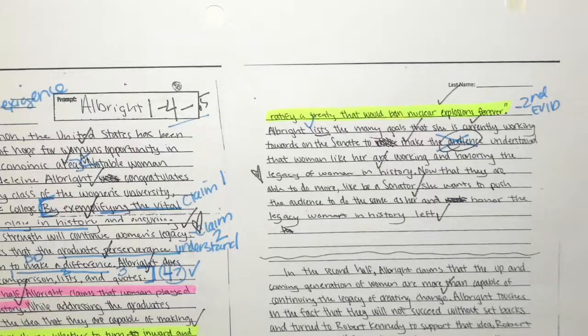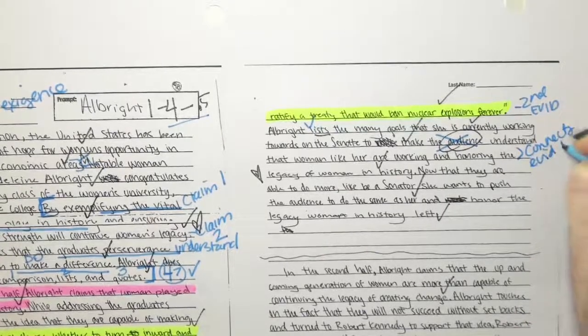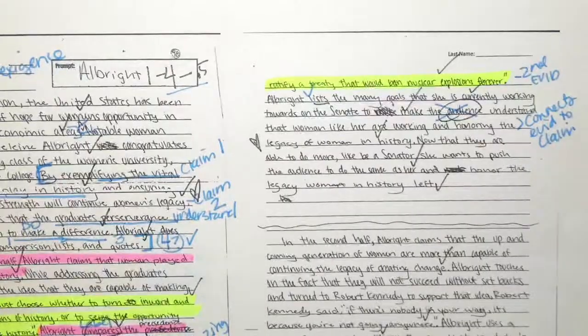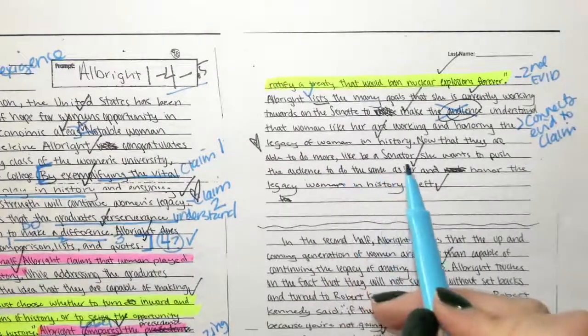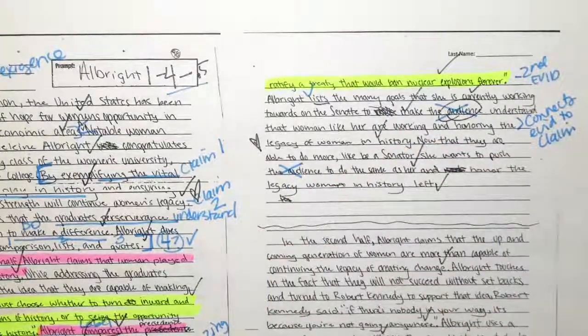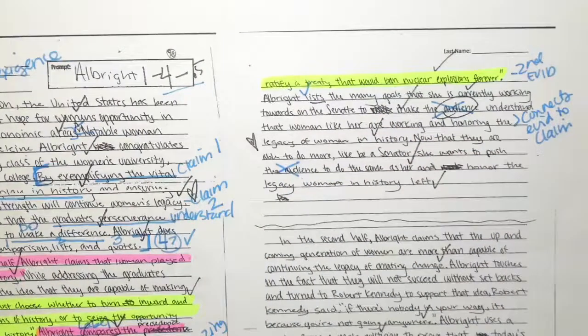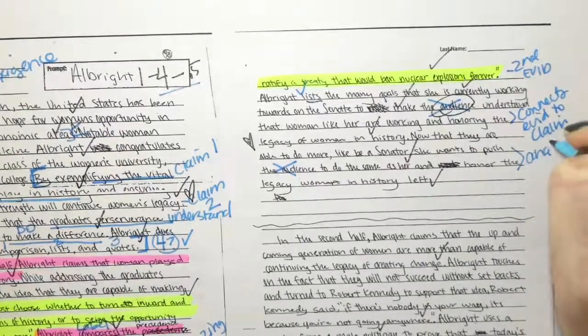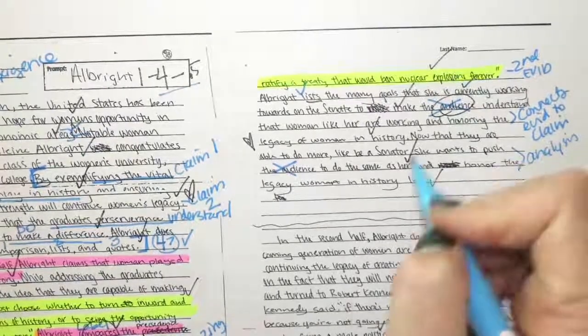Okay, so this connects their language, connects the evidence to their claim. Now that they are able to do more, like be a senator, she wants to push the audience to do the same as her and honor the legacy of women in history. Okay, so that's another part of analysis. Now, the thing that I'm looking past is this idea of being a senator, because she's not a senator, right?